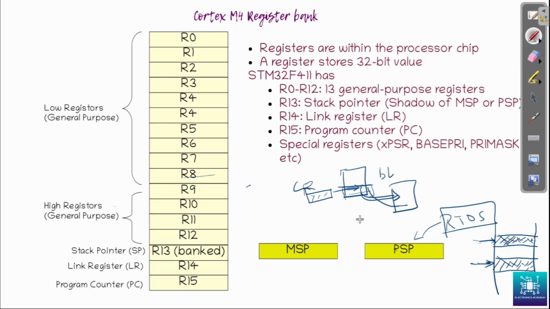So this is the Cortex-M4 register bank. But since this course is mostly in C and very little assembly, you don't really need to worry about what is happening with these registers. In the sense, you don't need to take care of writing into the registers and writing instructions which deal with these registers.